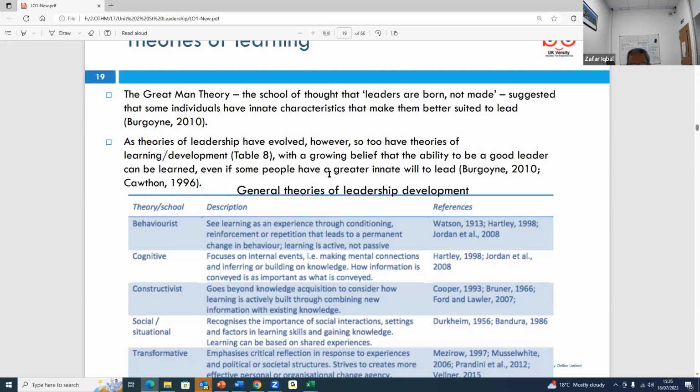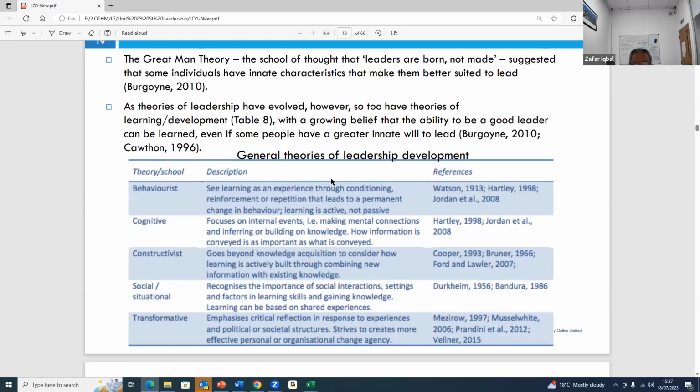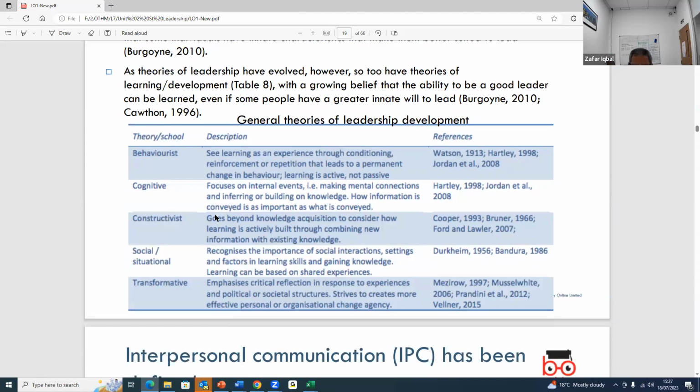As studies have been evolving over the years, of course the perception of a leader has also changed over the years. Okay, so some general theories of leadership have come up over the years through a lot of studies. Some are called behaviorist theories, cognitive theories, constructivist theories, social situation or transformative theories.